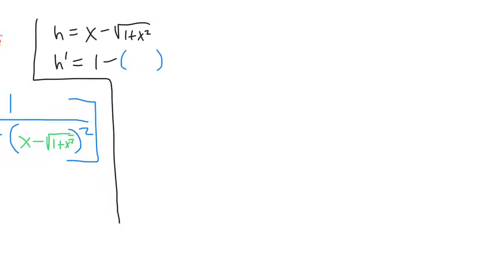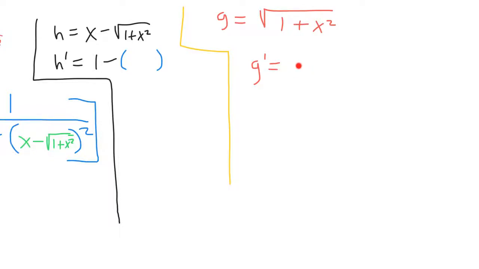We're going to give ourselves another divider, and we're going to call this next thing g. So g is 1 plus x squared. G prime is going to be the derivative of that. Okay, this might be another chain. We might have to do it again. I don't know. Let's see here.